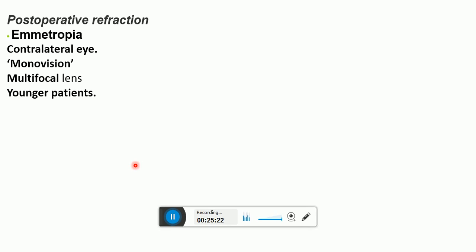In some cases, such as when there is early lens opacity in the fellow eye or when ametropia is extreme, the patient can be offered lens surgery to the other eye to facilitate targeting both at emmetropia.